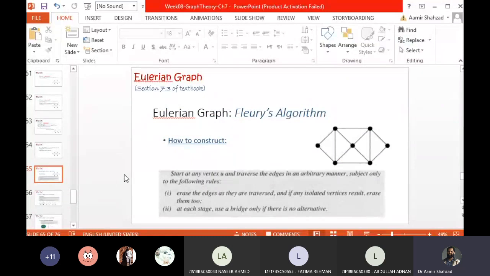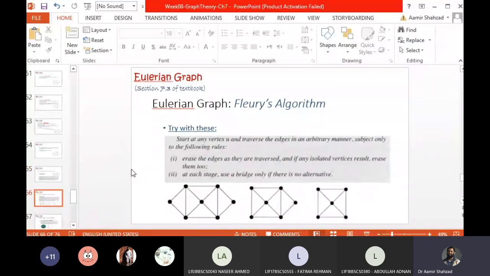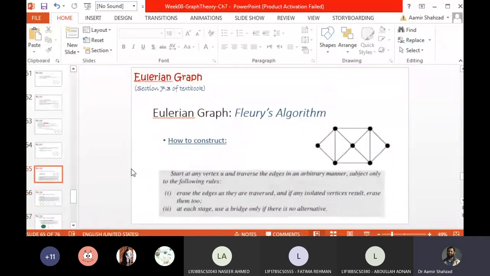So we have just simple two rules. We start in any vertex. Okay, we pick up any vertex and we start from it. Let's call it U. And we traverse any edge जो भी इसके साथ connected है.